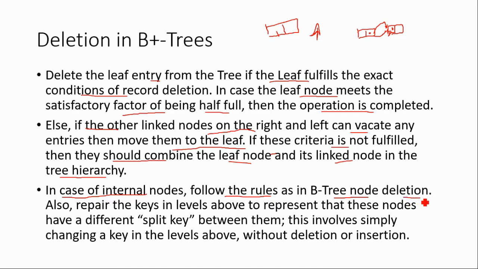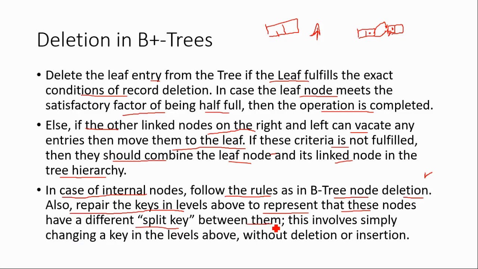As we performed for deletion in the B tree, we perform the same task here. But there is another catch: repair the keys in the levels above to represent that these nodes have a different split key between them.